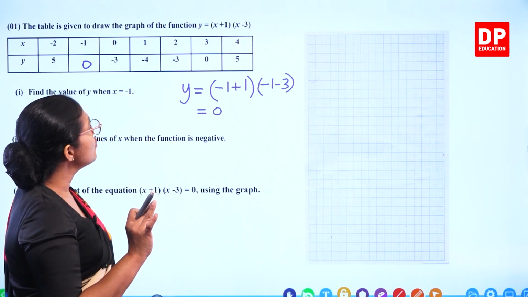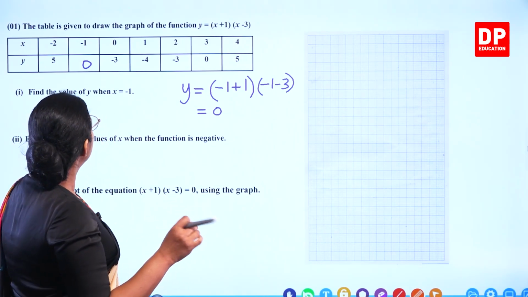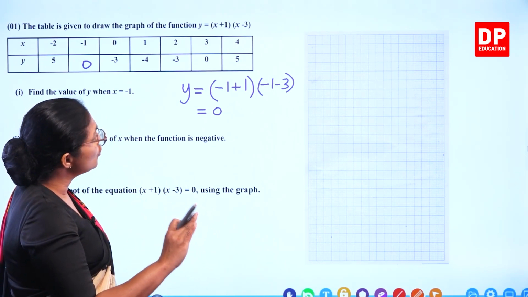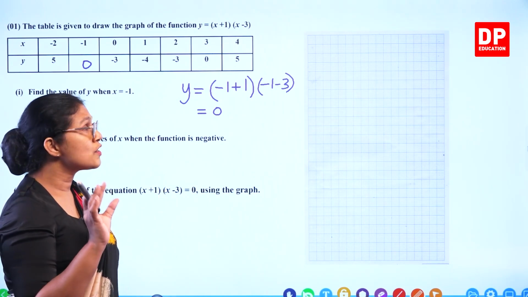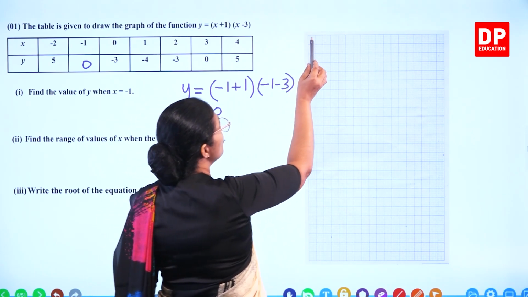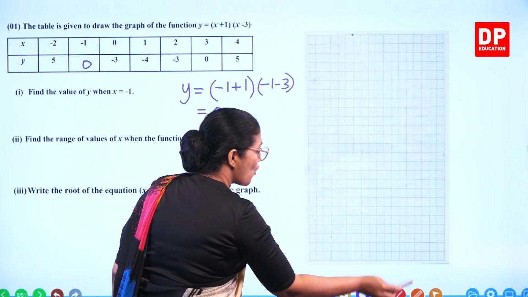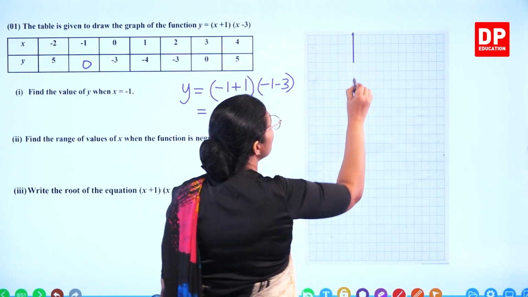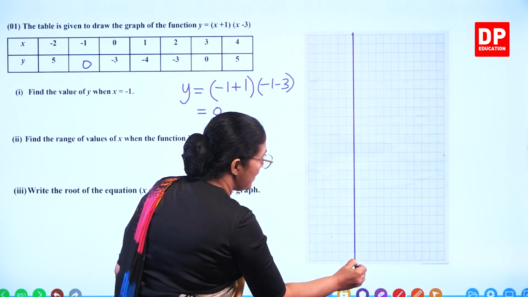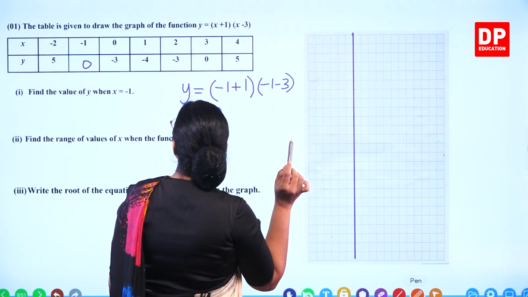So how are we going to draw the graph? You have to select a scale. Minus 2 to 4. So let's take 10 squares for 1 unit. So starting from minus 2, minus 1, 0. So we'll start the y-axis from here. And then you can count, what's the maximum? 5.